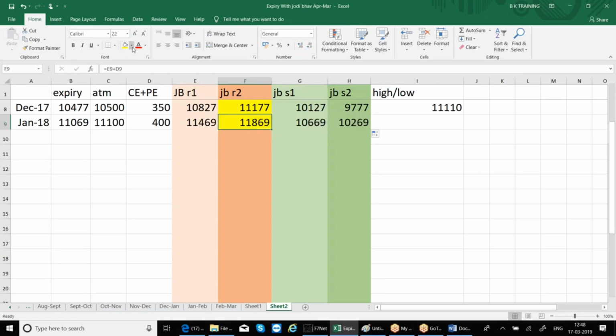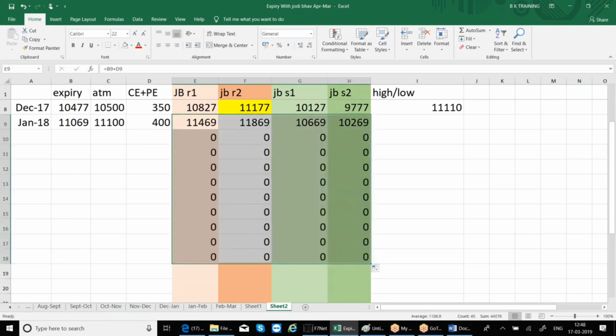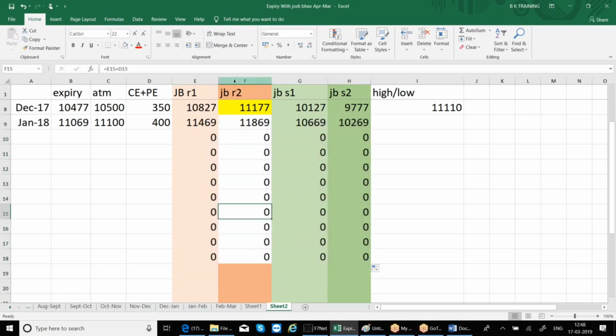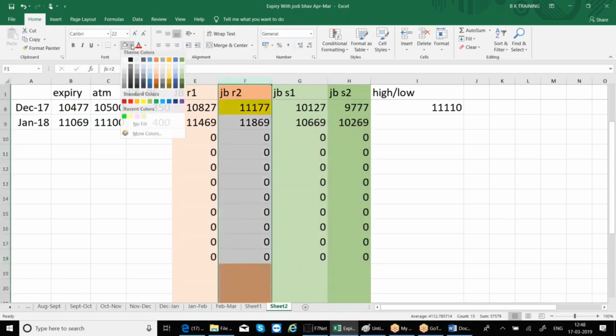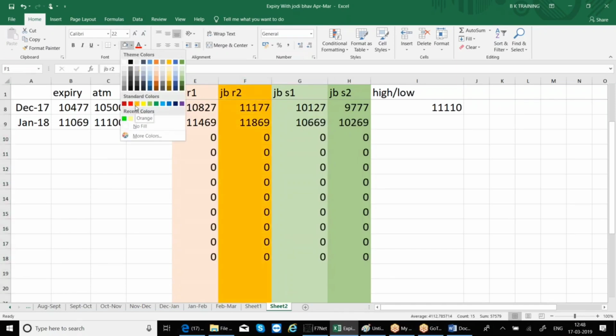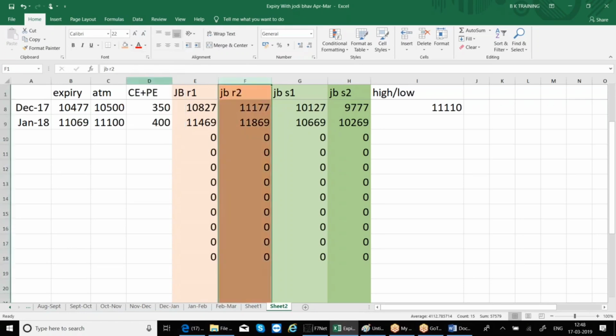I'll remove this yellow color. Right? On 1st February was the budget. That is why premium was higher. High volatility, right?